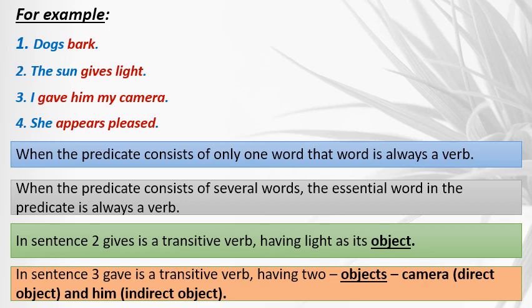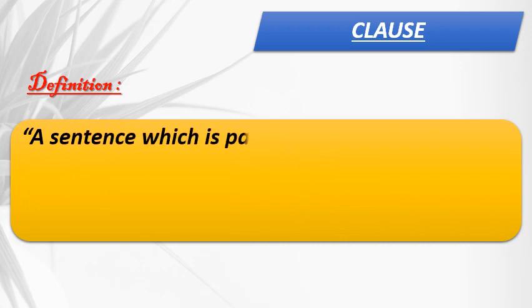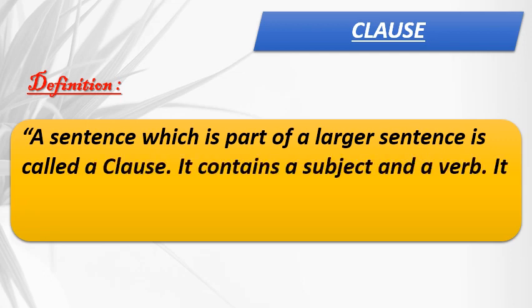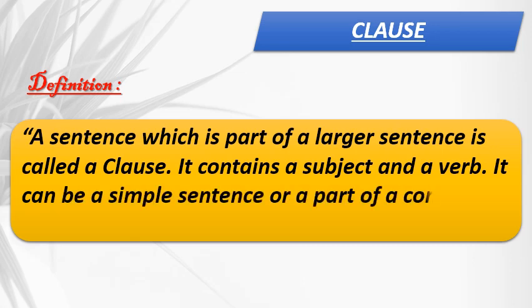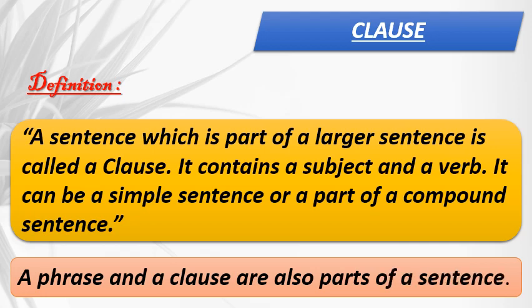So now let us see the definition of clause to clarify it. A sentence which is part of a larger sentence is called a clause. It contains a subject and a verb. It can be a simple sentence or a part of a compound sentence. A phrase and a clause are also parts of a sentence.